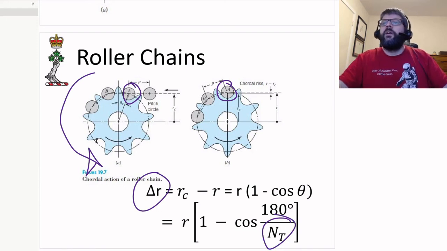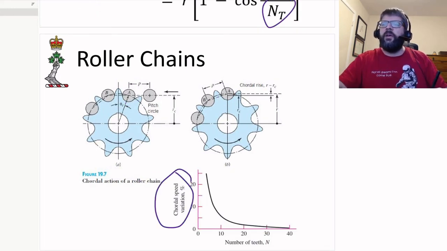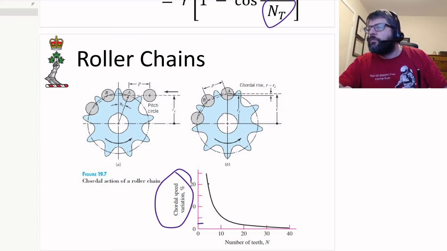So you get a certain amount of speed variation in the chain based upon the number of teeth. If we're talking only five teeth on the sprocket, then it could be up to 20%. Or if we're talking 30 or so, that looks to me to be down about 1.